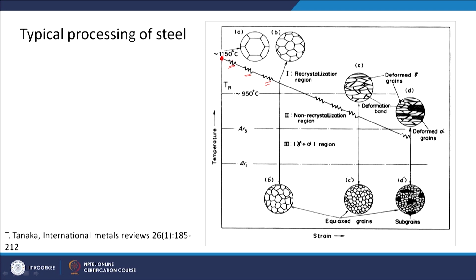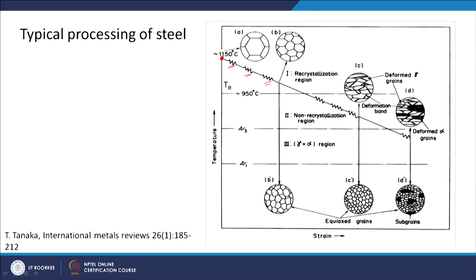Suppose there are a number of rolling mills. The first rolling mill has introduced a strain here, another one here and another one here. Also very important to see is that because you have heated the material at one point and then it goes through these stages, the temperature is continuously dropping.